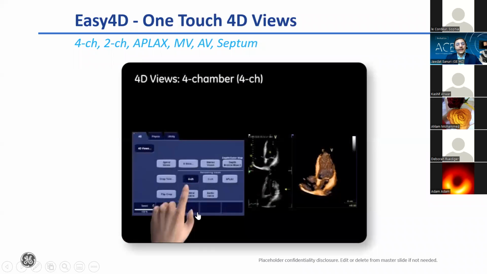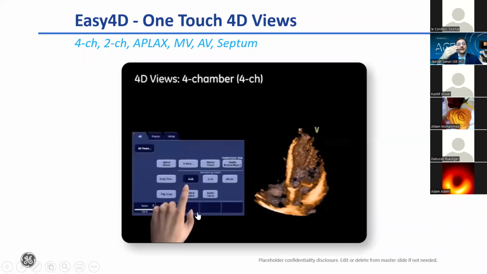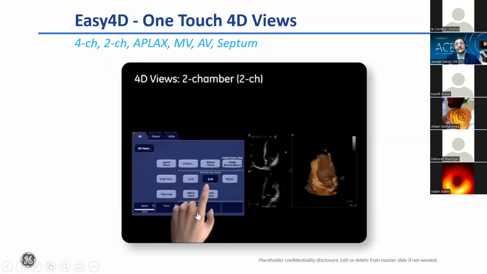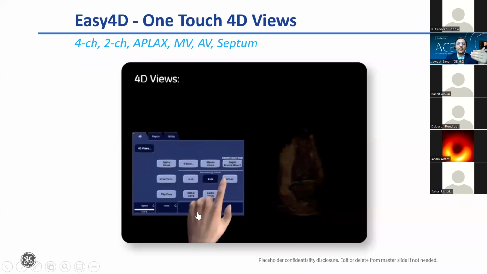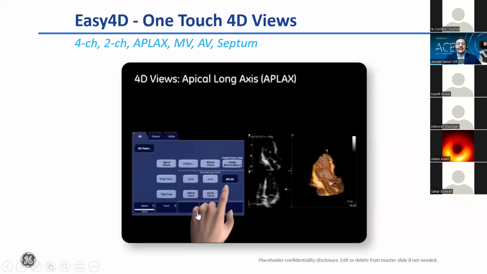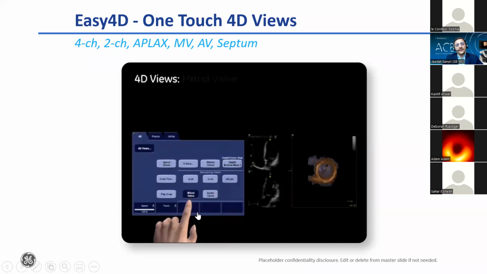From there on, we can navigate to a 4-chamber slice of the volume of the heart, hence cutting the heart in half at the level of the 4-chamber or 2-chamber or apical long axis, using, in other words, conventional or traditional 2D cut planes, familiar anatomy and cut planes, to look at surface rendering of the remaining half of the heart or the structure.